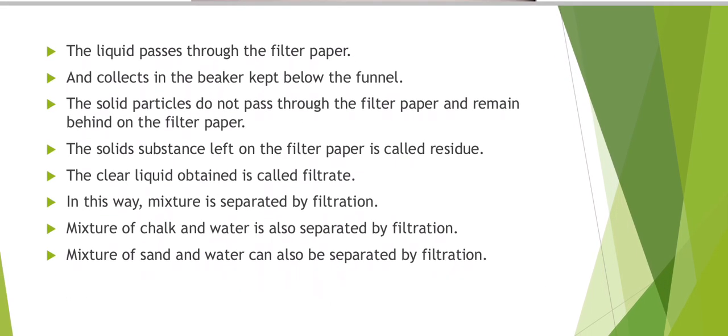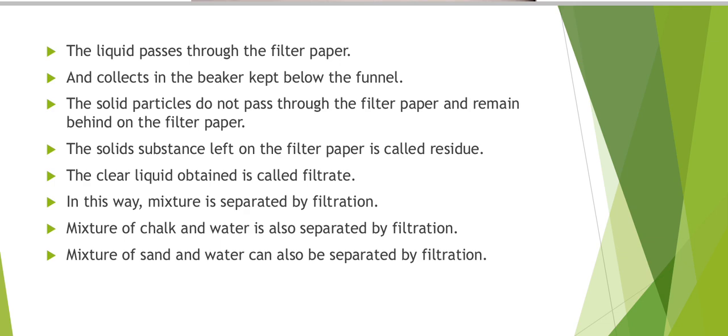The liquid passes through the filter paper and it will be collected in the beaker kept below the funnel. The solid particles do not pass through the filter paper and remain behind on the filter paper. The solid substance left on the filter paper is called residue.